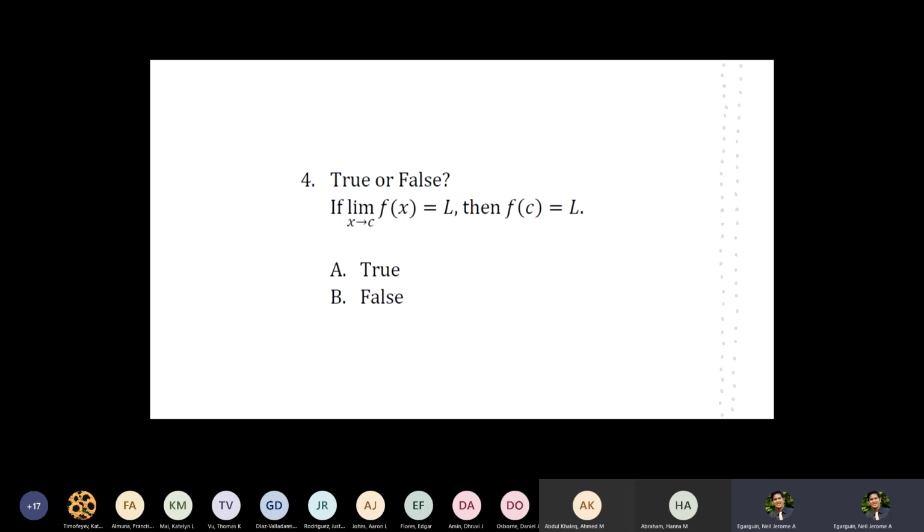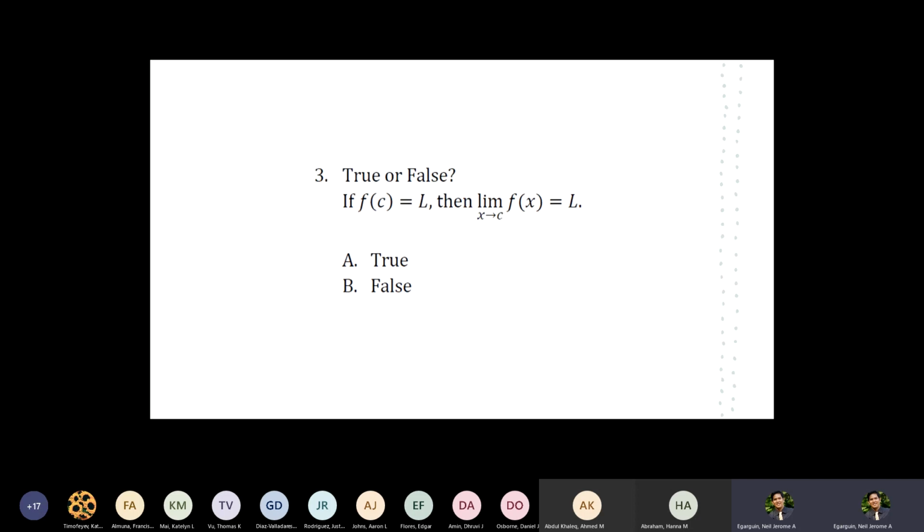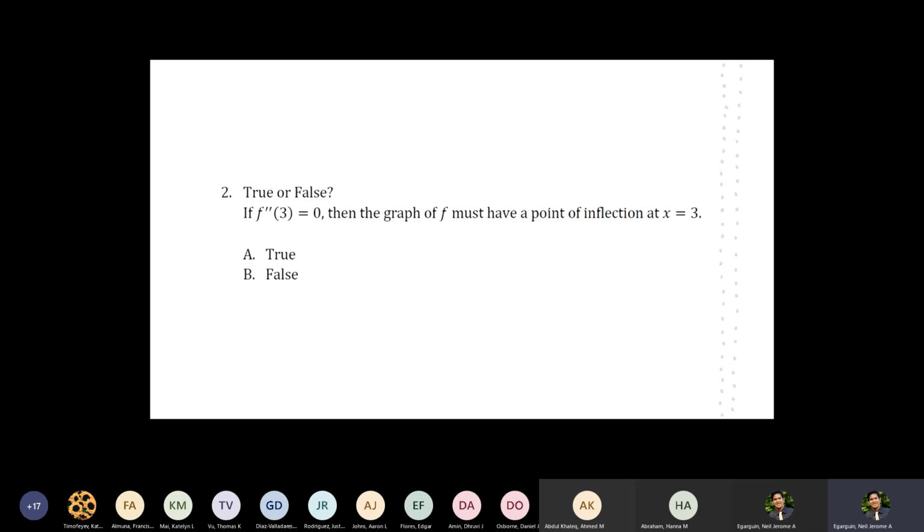Let me give you a couple of seconds to screenshot the previous questions. Let's have problem 3. Now I'm going to problem 2. And lastly, here's problem number 1.